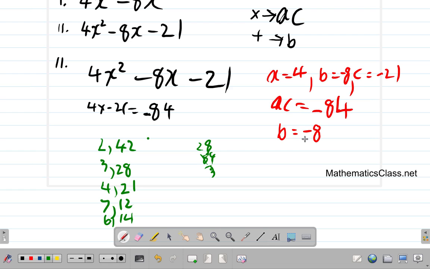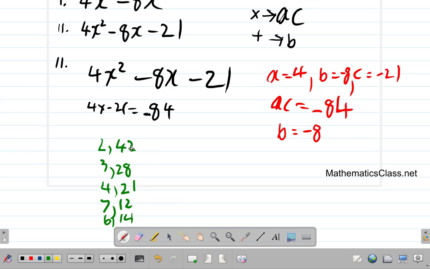But they must add to give negative 8. So what you have to consider here now is that if you make the bigger number negative, you're going to add to give a negative answer. So we won't bother to make the smaller number negative.